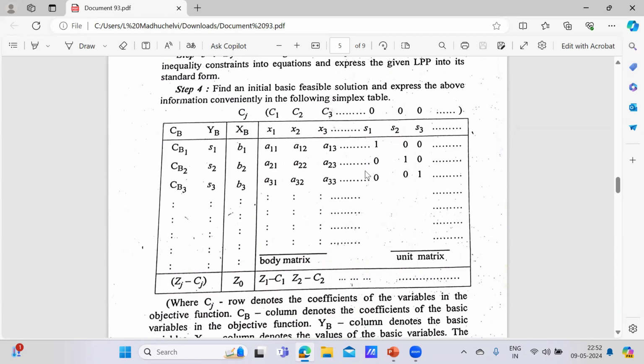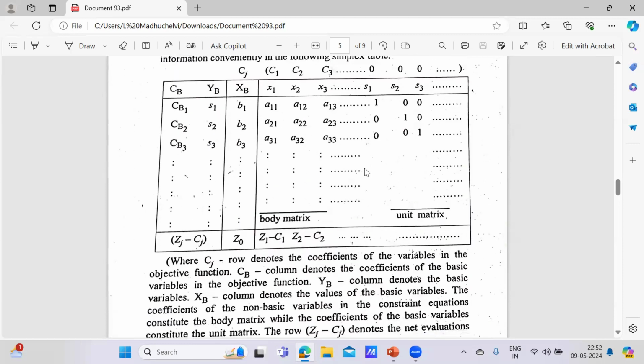That is, in the objective function, we have maximize z equal to c1x1 plus c2x2 plus c3x3 plus etc. That c1, c2, c3 should be entered here. Next, CB. CB in the first column denotes the coefficients of the basic variables in the objective function. Then YB.